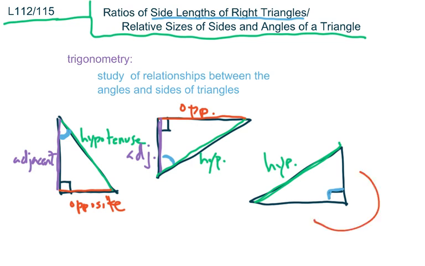However, what would I call these 2 sides? Is it my opposite? Is it my adjacent? That's why we don't really focus on the right angle when dealing with trig. We focus on the non-right angles and determine our opposites and adjacents from that.